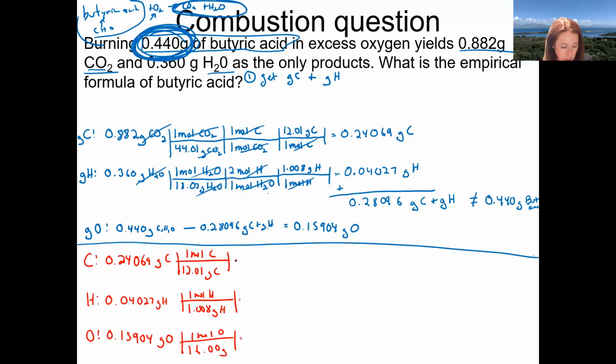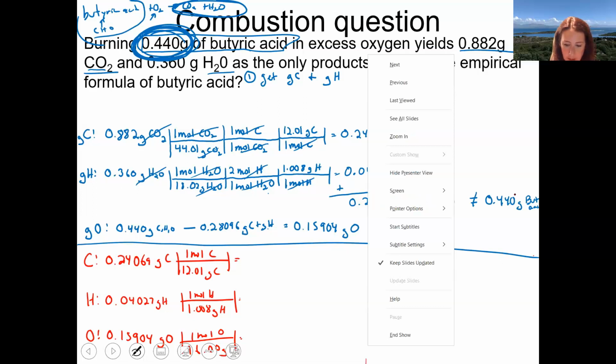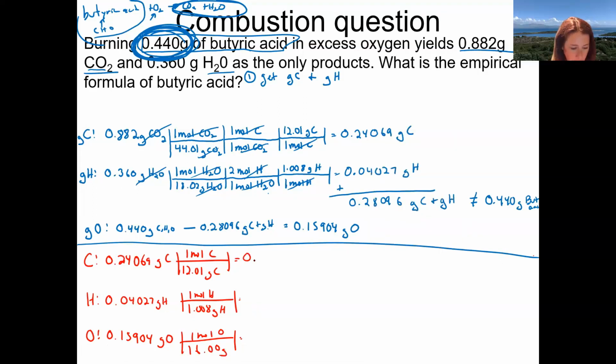So 0.24069 divided by 12.01 gives me 0.02004, and 0.04027 divided by 1.008.